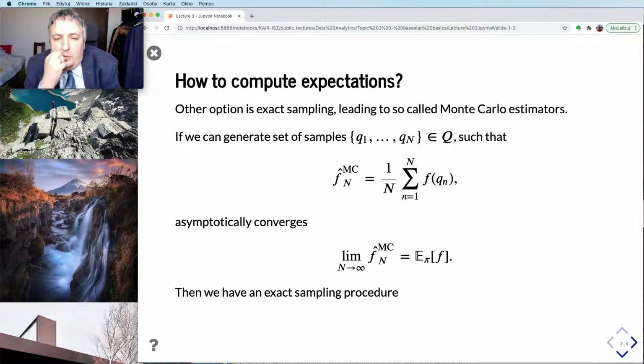A different option for computing expectations is using so-called perfect sampling. In this way, we can obtain Monte Carlo estimators.